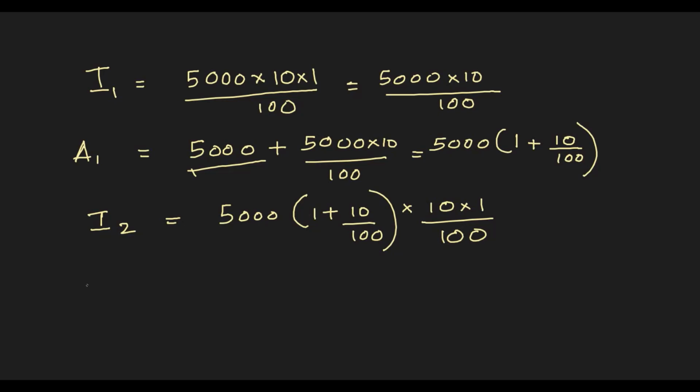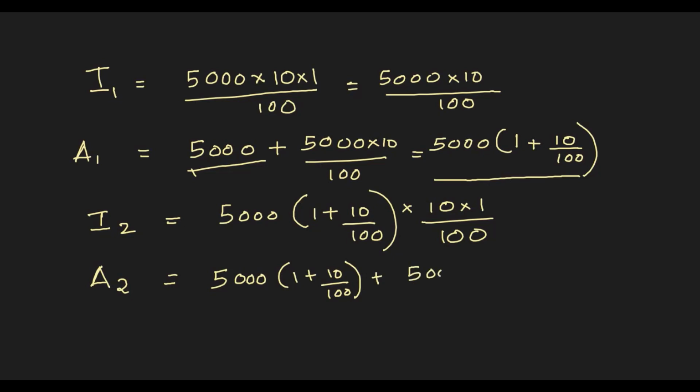Now let us find out the amount after 2 years. The interest is here. This is the amount, principal is here, 5,000 into 1 plus 10 by 100 is the principal for the first year, and the interest for the second year you will get as 5,000 into 1 plus 10 by 100 into 10 by 100.